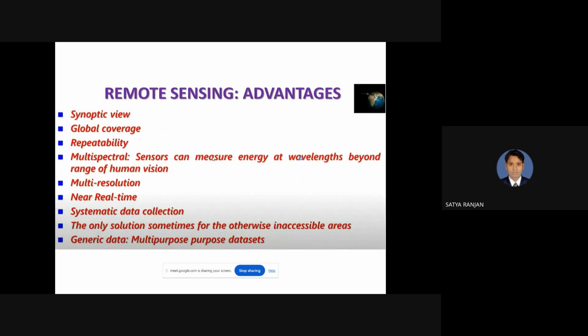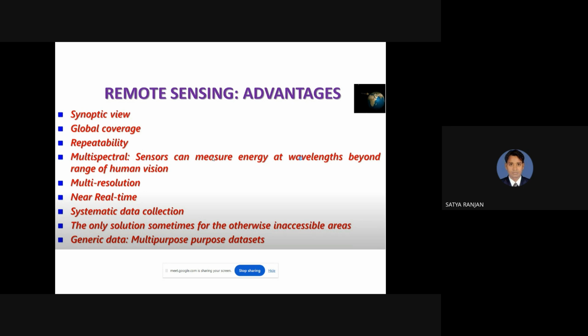The advantages of remote sensing technology are the synoptic view, which covers a large area compared to aerial photography. It also has global coverage of different areas, which is why it is very useful all over the world.